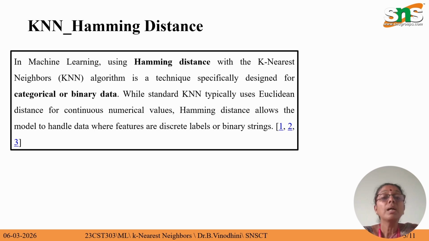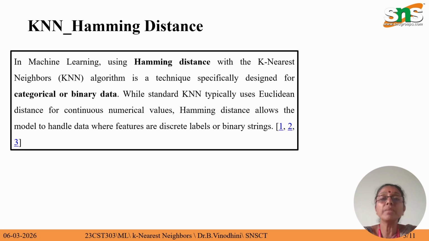Suppose the two input values are categorical data, then we use the Hamming distance method. Now we will see how a new data point is classified using the Hamming distance method. We use Hamming distance when our labels belong to categorical data, such as yes or no, true or false.